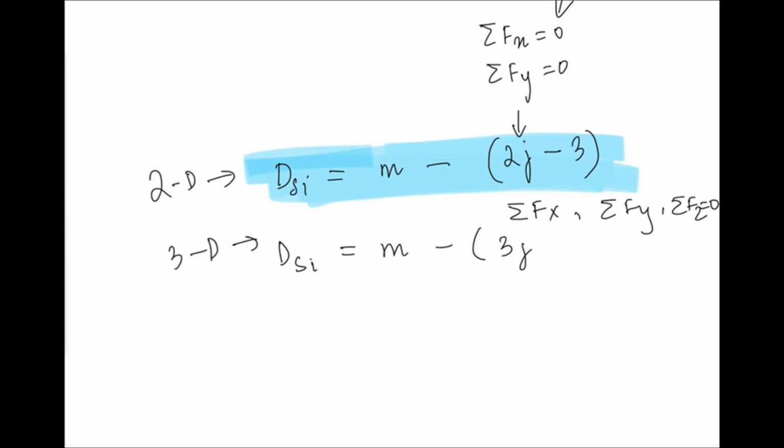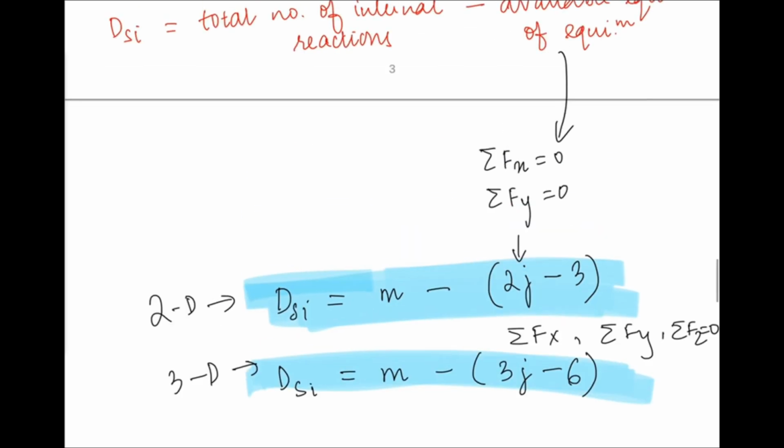So that's why you will have it as 3j minus, and you have 6 equations of equilibrium in 3D structures, so it will be minus 6. So this is in case of 3D structures. Okay, so we were talking about trusses.